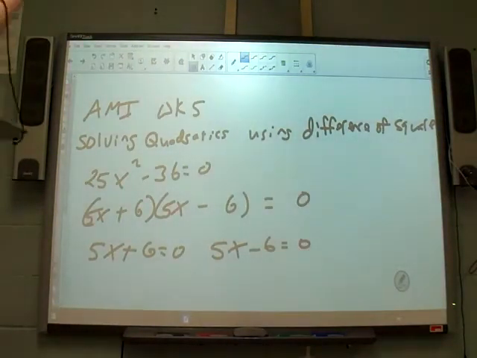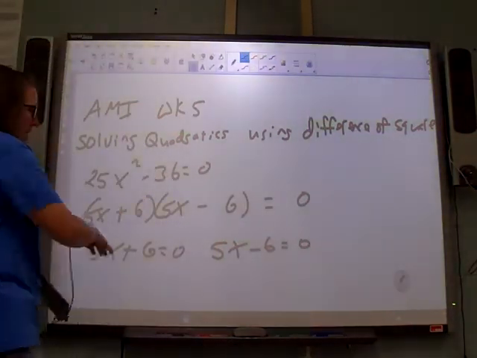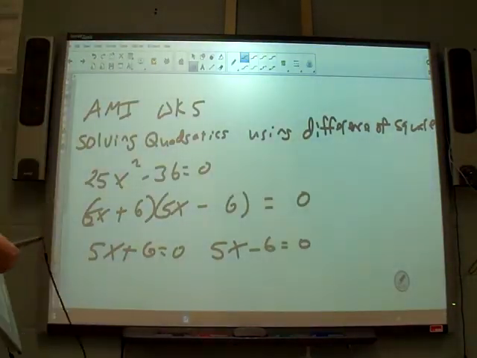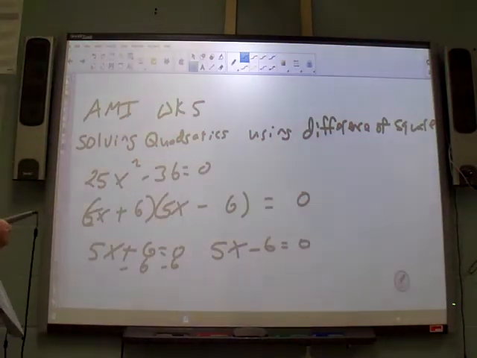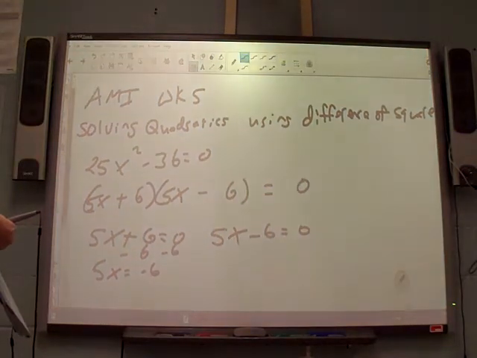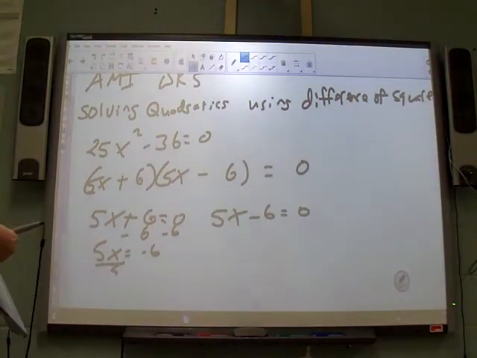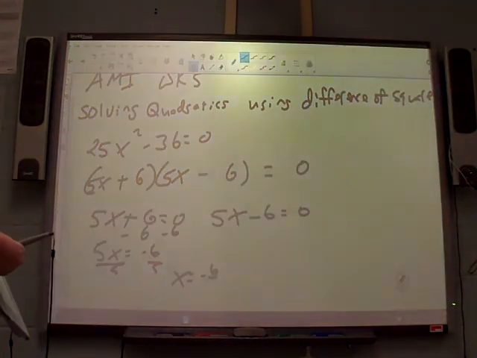Okay? Now this is the process you're going to have to go through on your assignment. You're going to have to show these steps and then solve them out. Show your work. So here to get that x all by itself, my 6 is being added, so I'm going to subtract 6. So I got 5x is equal to negative 6. And then divide by 5. So that gets me x is negative 6/5.